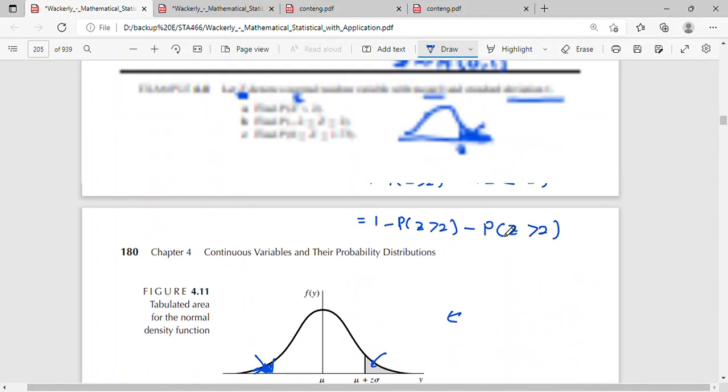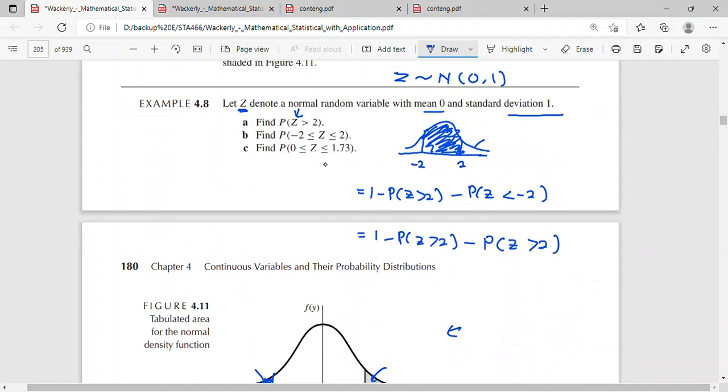Okay. Next one pula. Kalau this one. Okay. Nak cari the probability of Z from 0 until 1.73. 0 until 1.73. Here will be 0. Symmetrical 0 until 1.73.